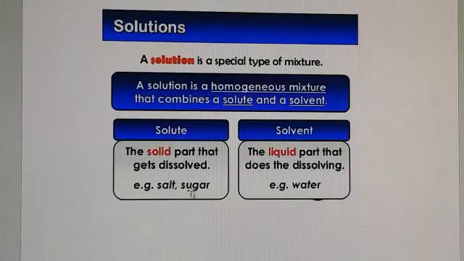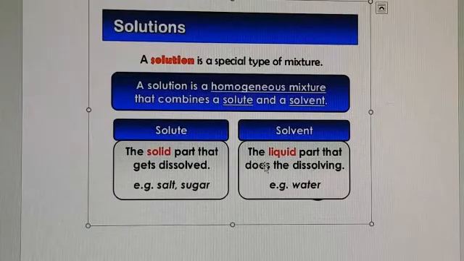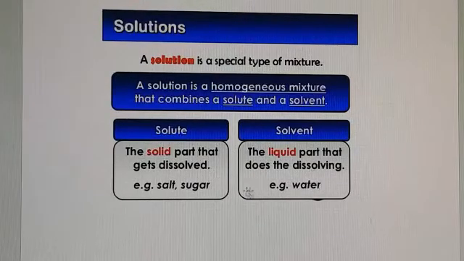Example, salt, sugar. Coming to the solvent, it is the liquid part that helps the solid to get dissolved. That is called solvent. Example, water.